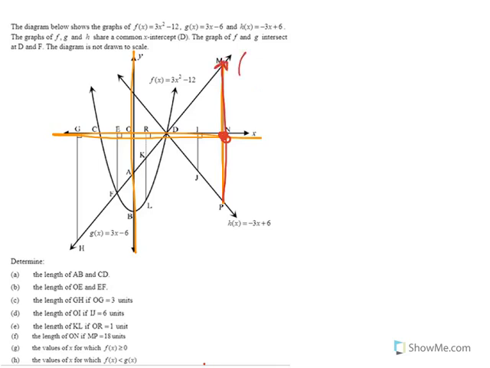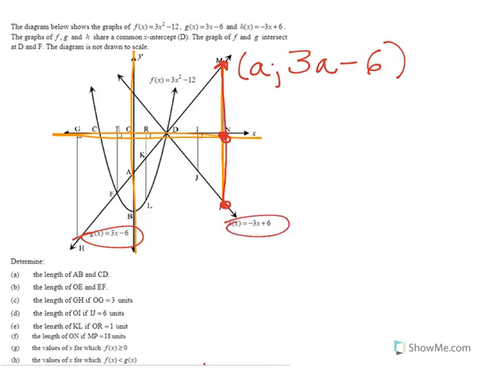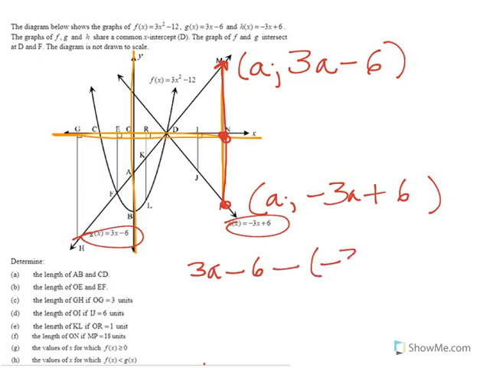We know that this guy, well, let's just say his x coordinate is A. Because he lies on the line g, the output when the input is A is going to be 3A minus 6. And this guy lies on the line minus 3x plus 6, also has the same x coordinate, and the output of this function will be minus 3A plus 6. And so the length MP will be 3A minus 6 minus minus 3A plus 6, and we know that has to be equal to 18.